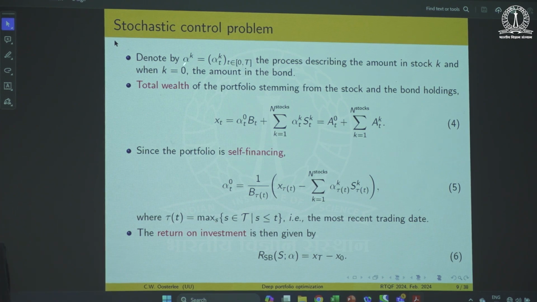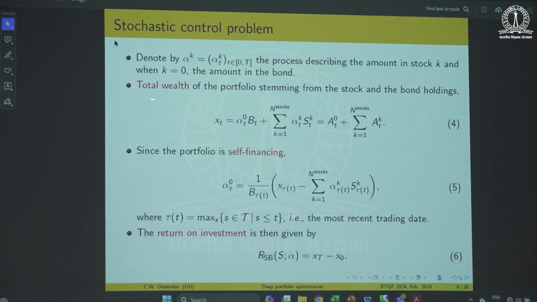Alpha will be the process describing the amount of stock: alpha superscript k is the amount in stock k. So it's alpha times S that we will allocate. And when k is equal to 0, it's the amount in the bond. It's time dependent, so at each discrete time point we can change alpha.